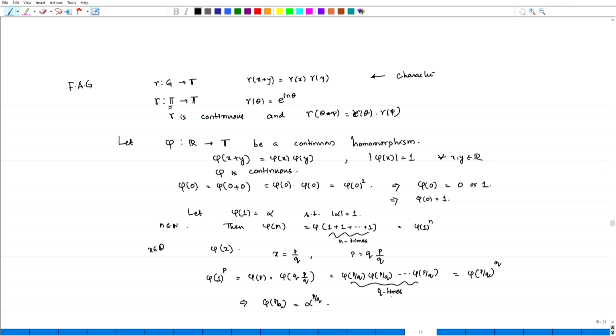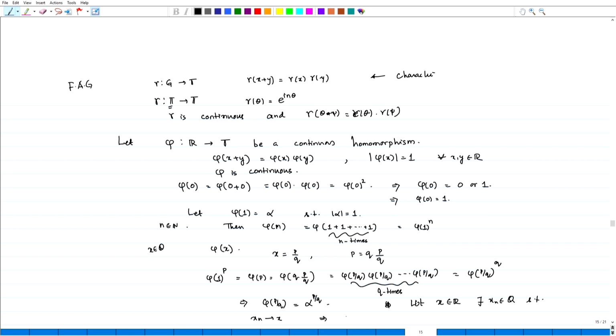So, till now we have not used any property of phi being a continuous function. Because phi is continuous, now let x belong to R. There exists a sequence of rationals x n such that x n converges to x.